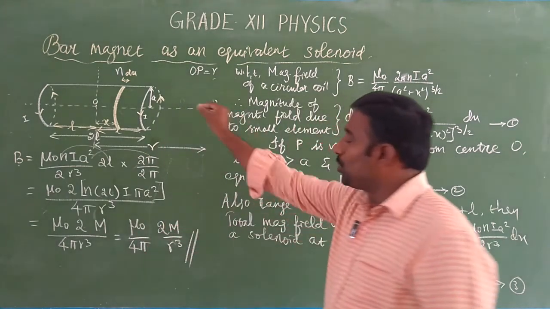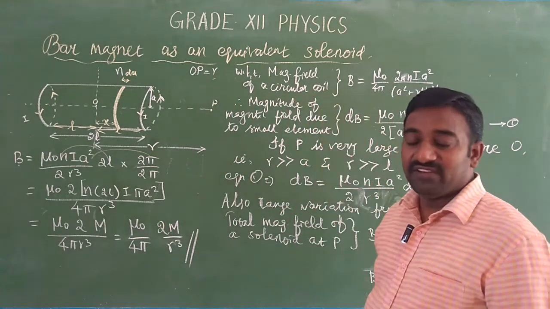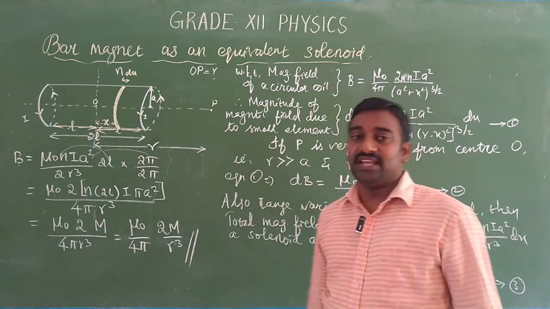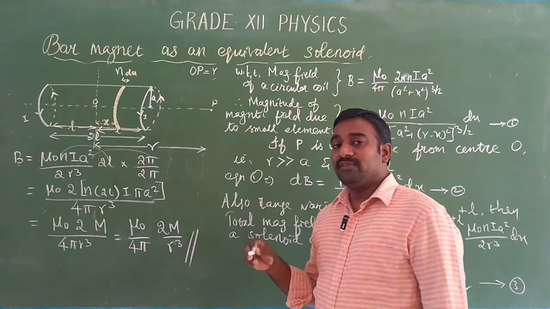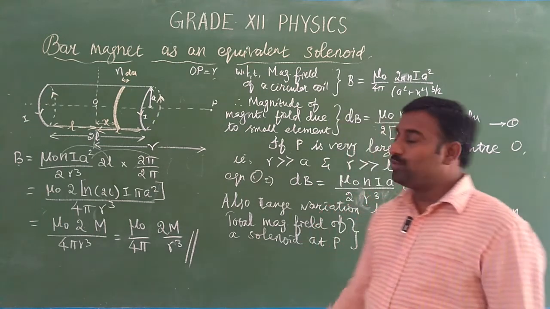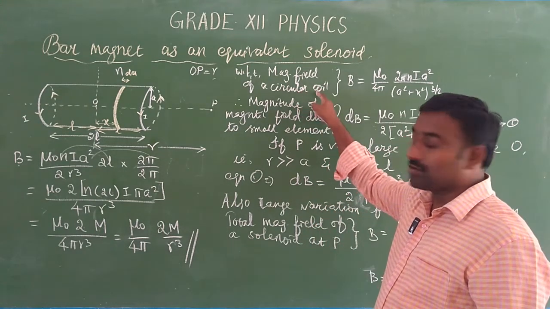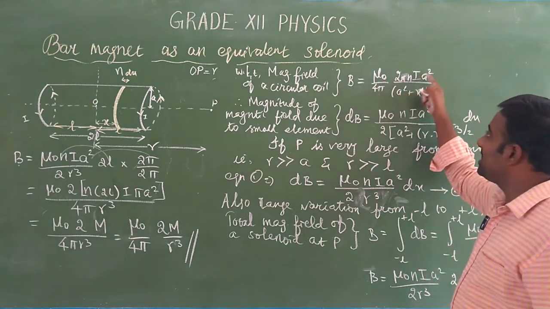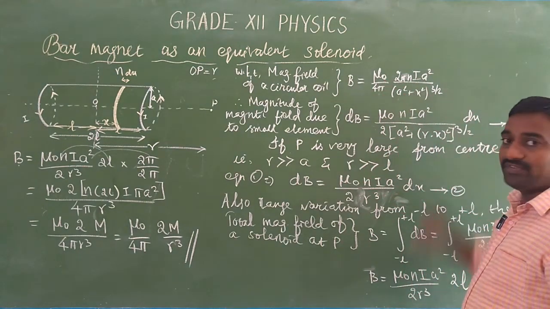Then due to the small element, what is the magnetic field we want to find? How are we going to determine the magnetic field? Already in the 4th lesson we found the axial field of a circular loop, no? So the magnetic field due to the circular coil on its axis is mu naught by 4 pi into 2 pi NIA square by a square plus x square whole power 3 by 2.